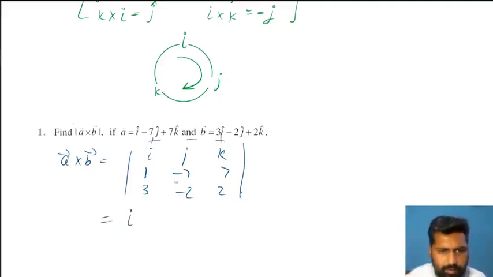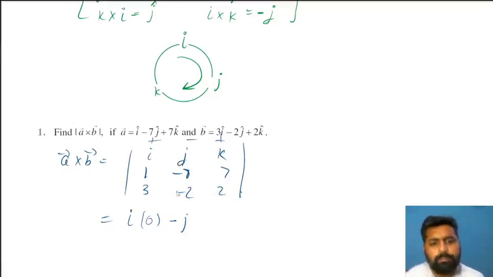So I into minus 14 minus of minus 14, that's coming 0. Then minus of j, you open j with negative, so cancel it again. It will be 1 into 2.